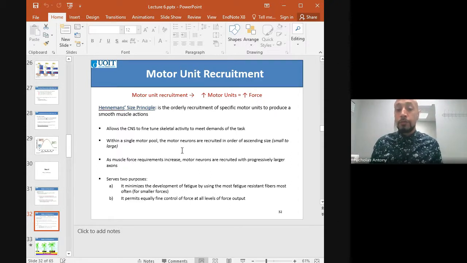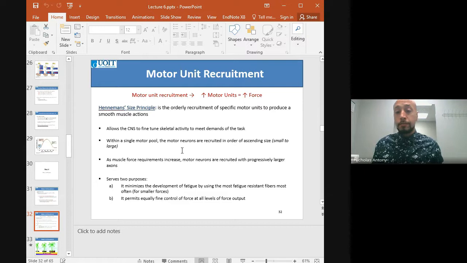Why would we do that? What would be the benefit of the sequential ordering of motor recruitment based on size? Yes, and so Manine and Aaron are both right. Think of it this way. Which of the muscle fibers are fatigue resistant?